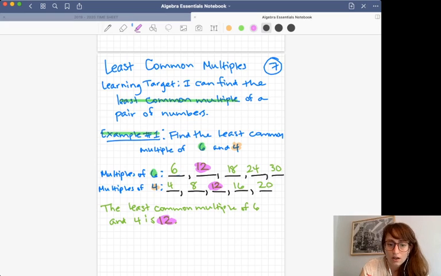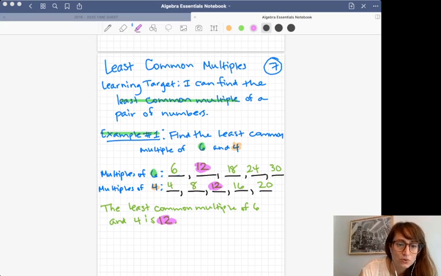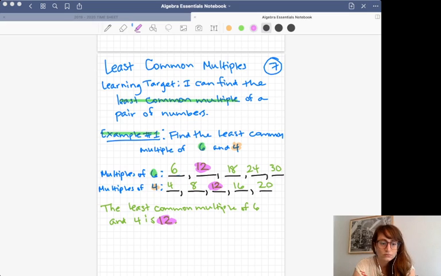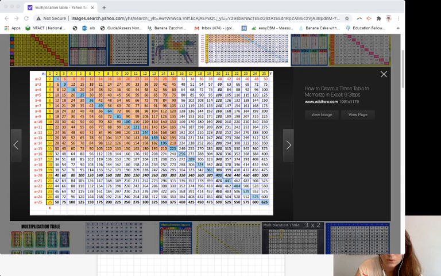So I'm just going to pull up a multiplication chart really quickly, just to remind you that we can use multiplication charts to help us with these. Okay, so here's my multiplication chart.